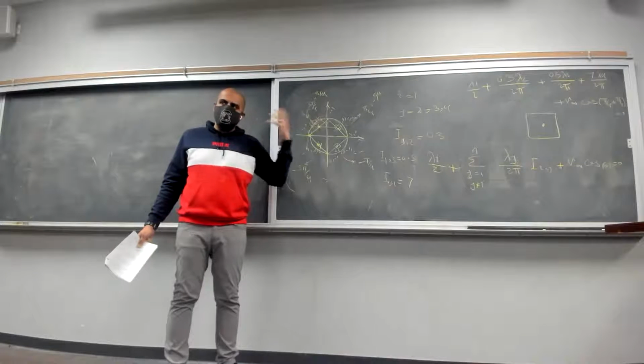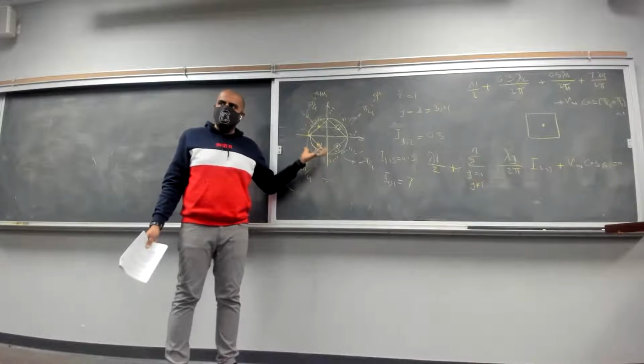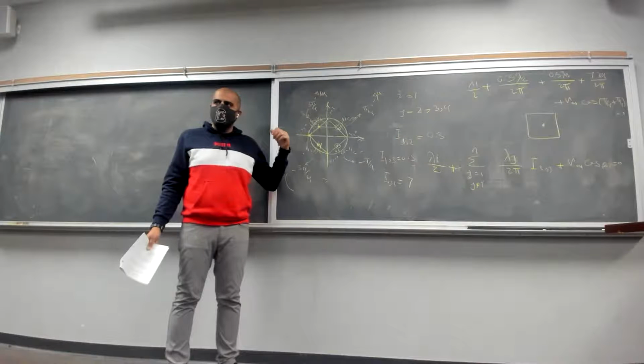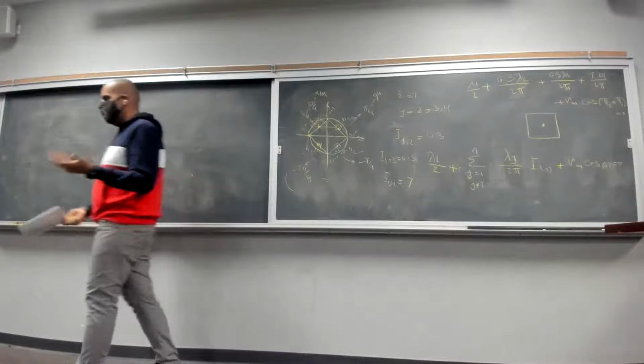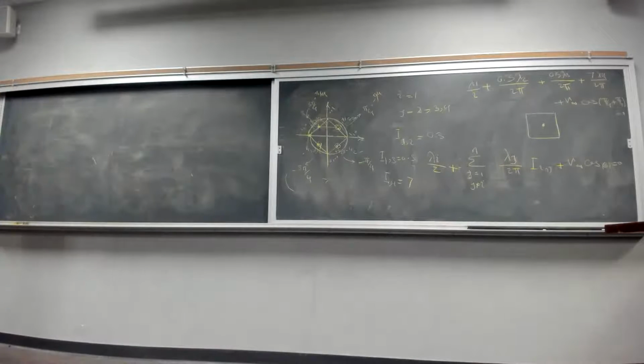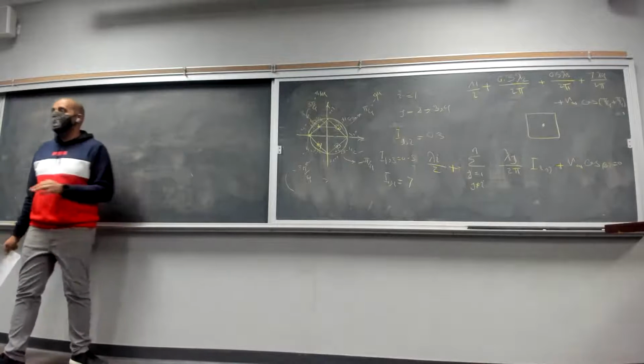That's the strength of the source you need to have that type of flow. If you change the strength of the source, you are not going to get a flow similar to flow past the cylinder.